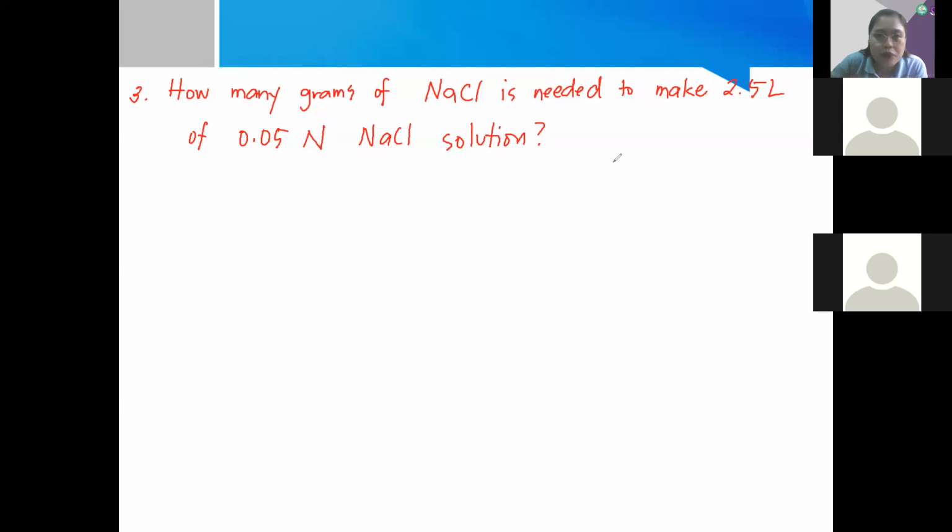What are we going to do here? Yung given natin, 2.5 liters daw of the 0.05 normal NaCl solution. So what is asked here is the amount in grams.